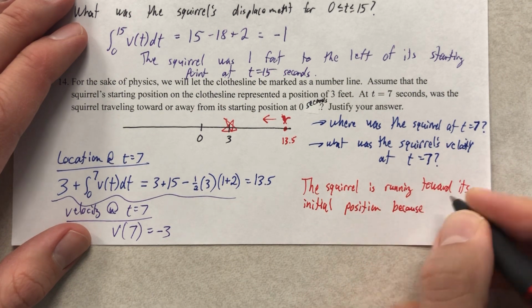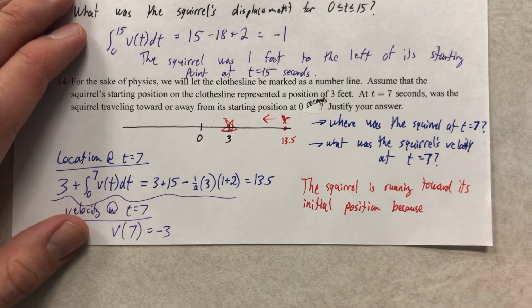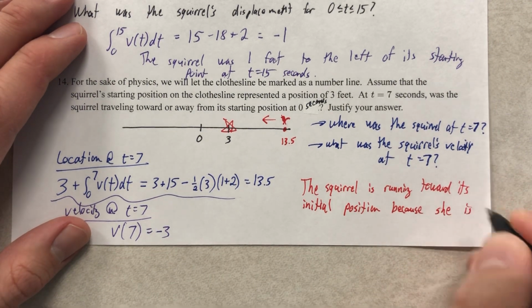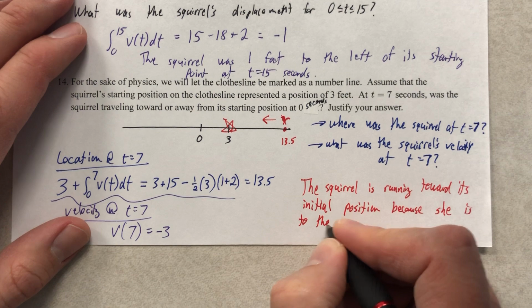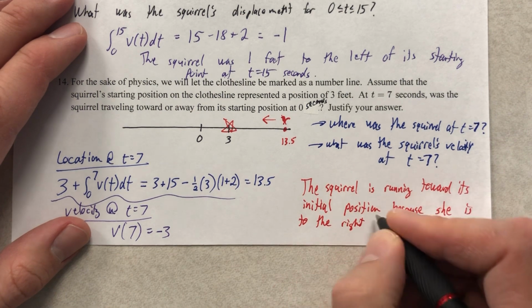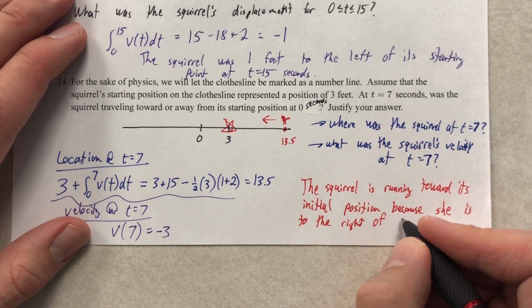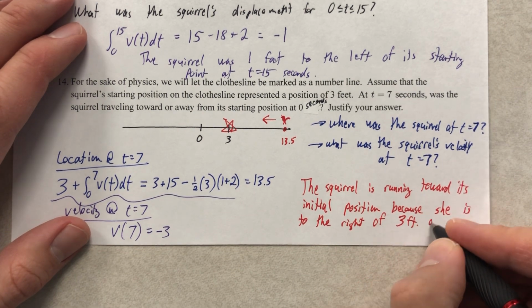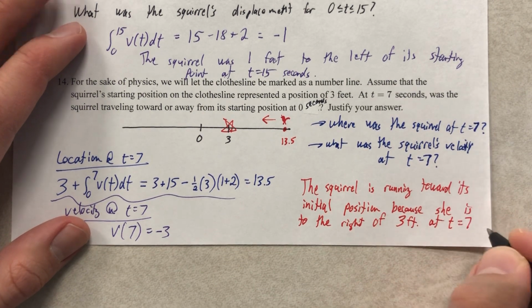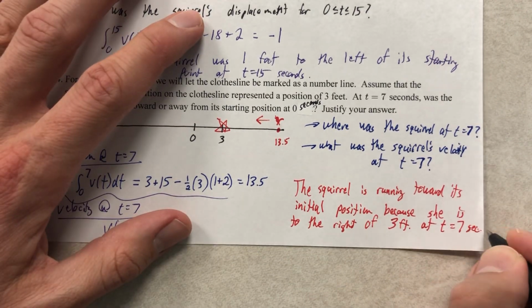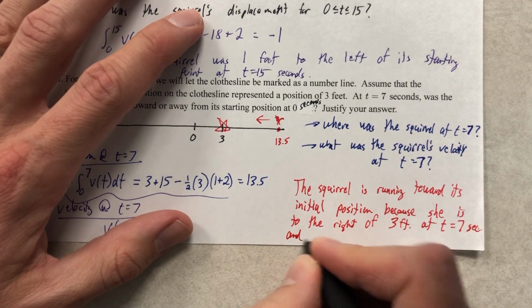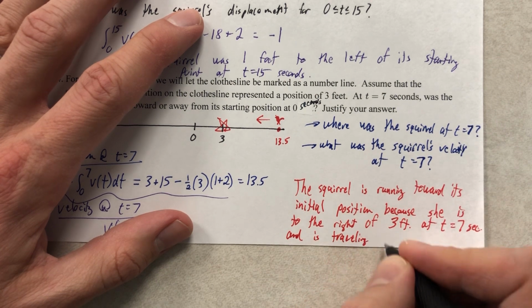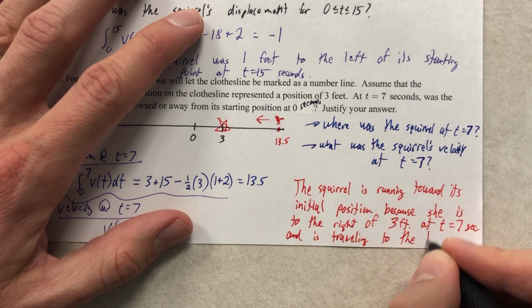Because she, I've been calling it Miss Bushytail, is to the right of 3 feet at t equals 7 seconds and is traveling to the left.